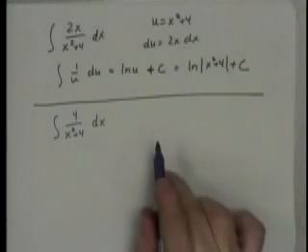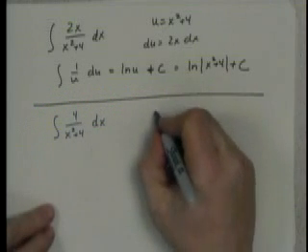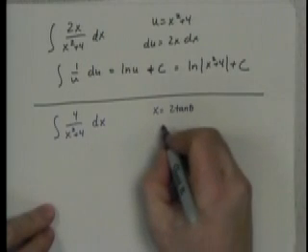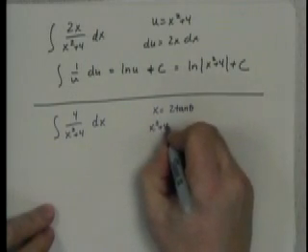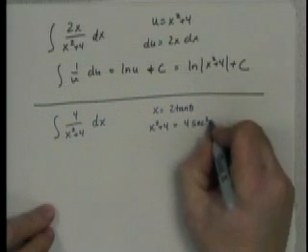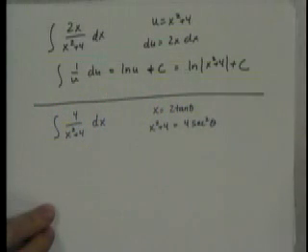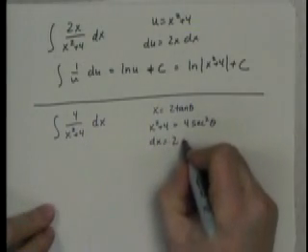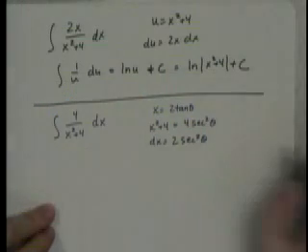I have an x squared plus a constant, so we're going to let x equal 2 tan theta. x squared plus 4 then is going to be 4 secant squared theta. dx is going to be 2 secant squared theta d theta.